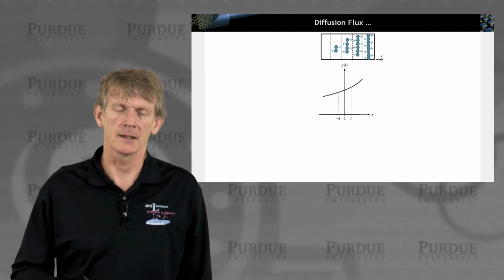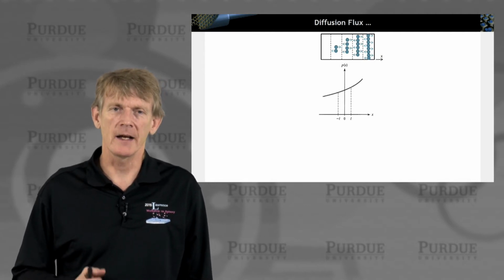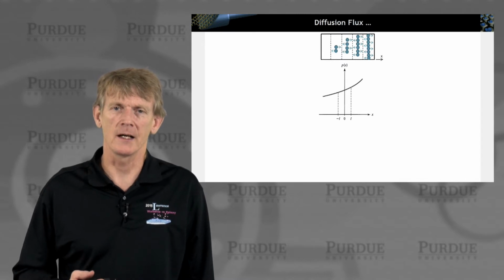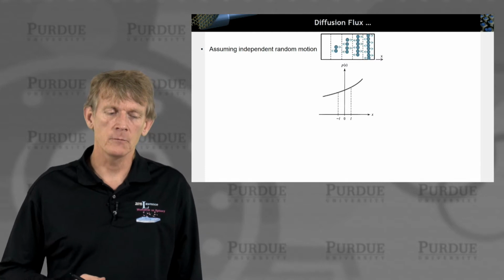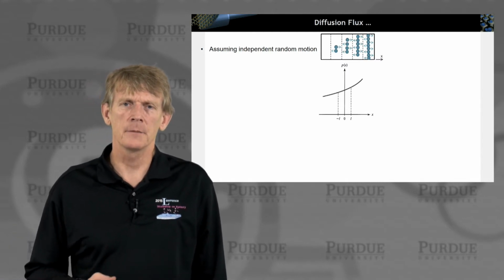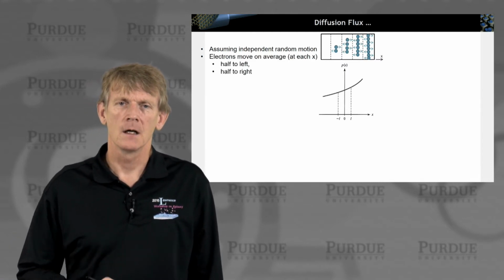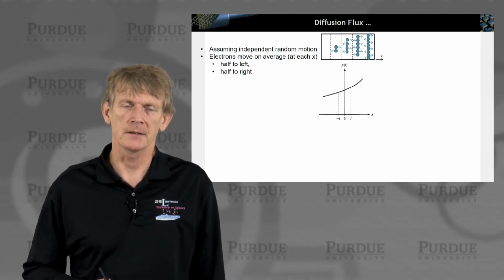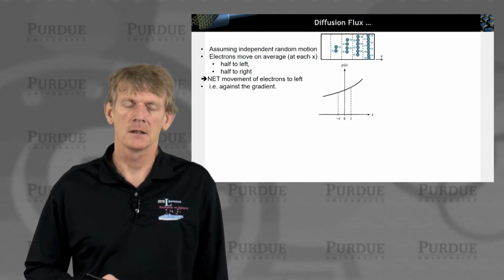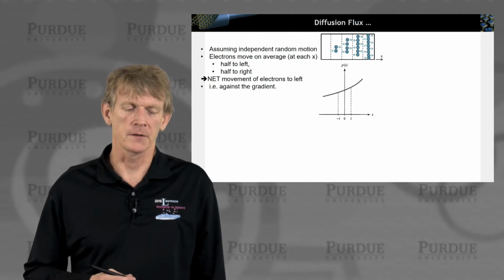Let's just start from that. And we're going to look at a slab, ultimately an infinitesimally small slab of this charge. Okay, and if we're assuming independent random motion, half of the electrons will move to the left and half will move to the right. And we could write down a current for that.